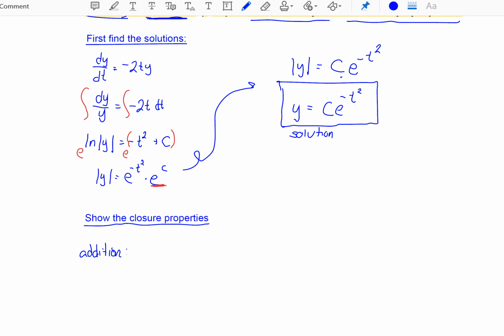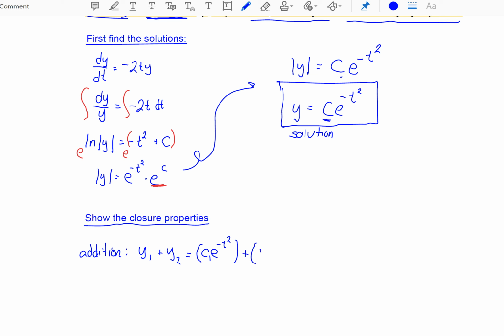To show the addition property, we have to have two solutions. So let's let maybe y1 and y2 be two solutions to this differential equation. Of course, y1 and y2 will only differ by their constant. So maybe y1 will look like c1 e to the negative t squared for some constant c1.